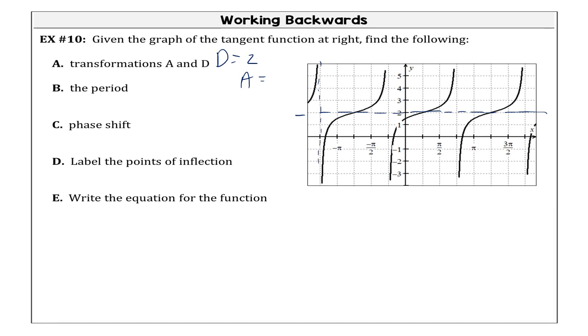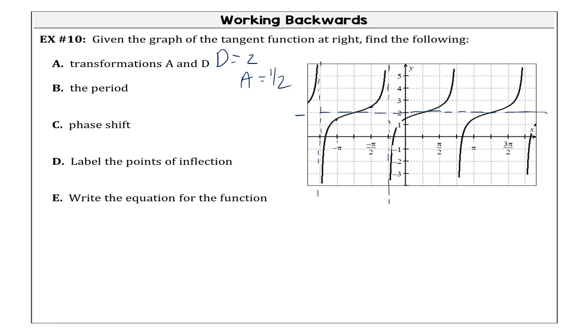Here's an asymptote. Do we see the asymptotes? So halfway points would be at pi and negative pi over 2. And they don't go quite far away. They're only at a half. So your A should have been a half. So you have A is a half.